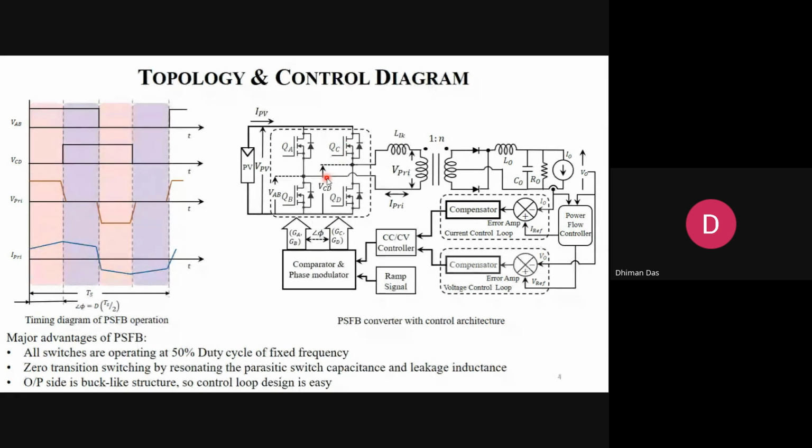Now, when the voltage across the switch is zero, if you turn on the switch immediately at that time, then the switching loss or the switching transition becomes also zero because the voltage across the switch is zero. So this phenomenon is called zero voltage switching.